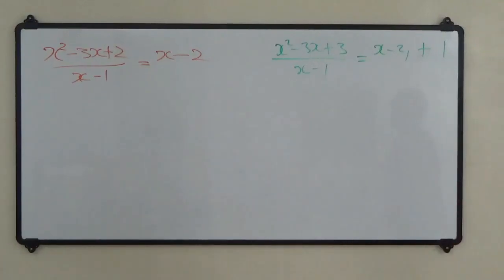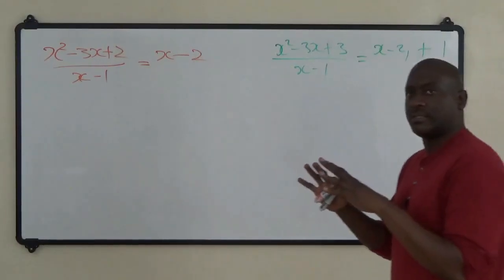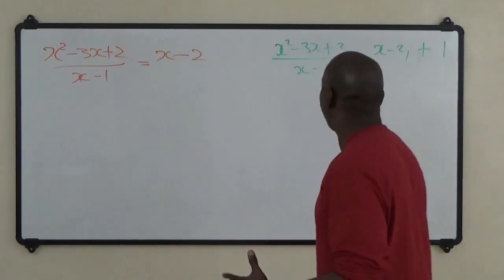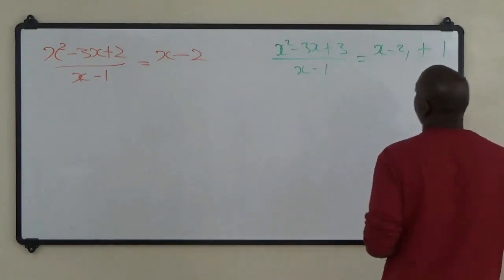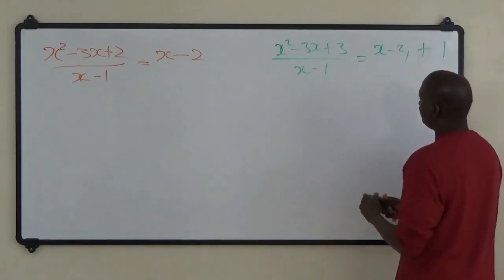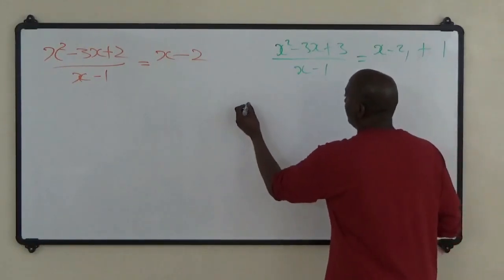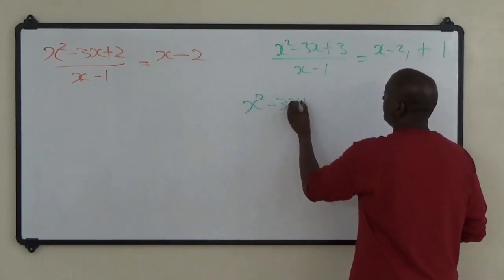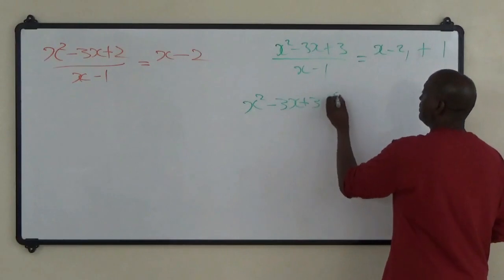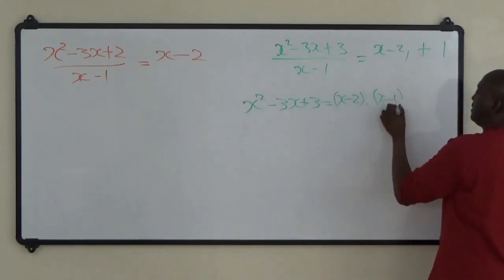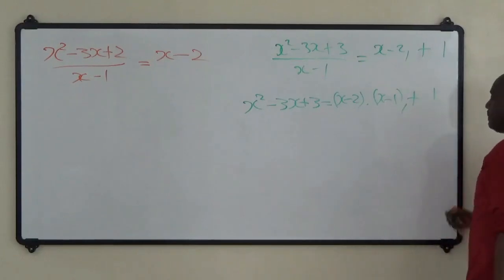Now, let us discuss this with respect to the remainder theorem. What this means here is that x squared minus 3x plus 3 is equal to x minus 2 times x minus 1, plus 1.